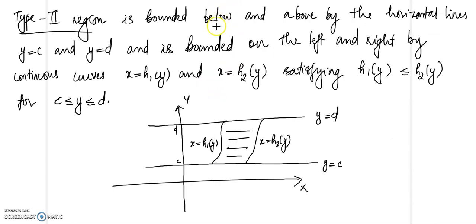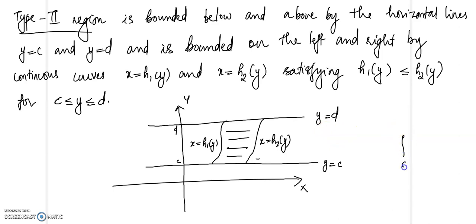By type 2 region we mean a region which is bounded above and below by the horizontal lines y equal to c and y equal to d, and on the left by x equal to h1 of y and on the right by x equal to h2 of y. So here h1 of y is less than or equal to h2 of y for all y from c to d.